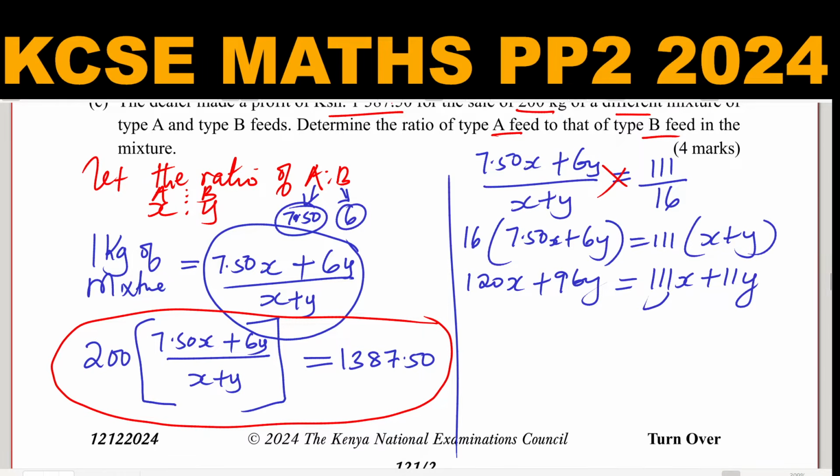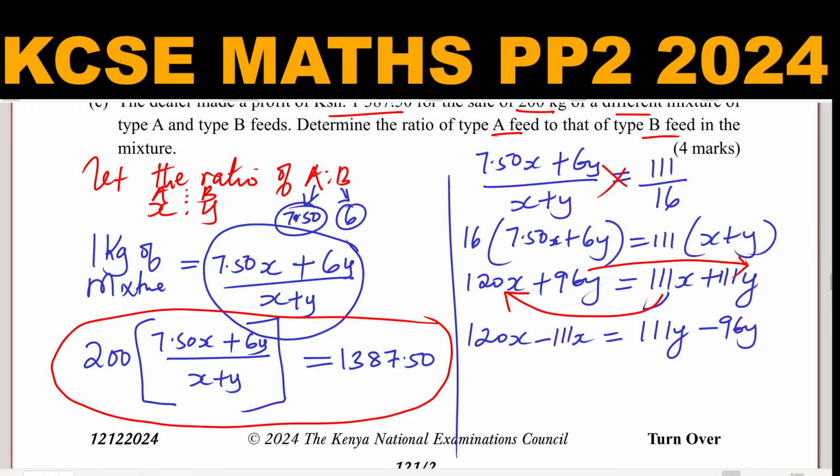If you bring the x's together, take this one to this side, and also this one to the other side, you shall have 120x subtract 111x is equal to 111y minus 96y. So this will give 9x, and then 111 minus 96 will give 15y.